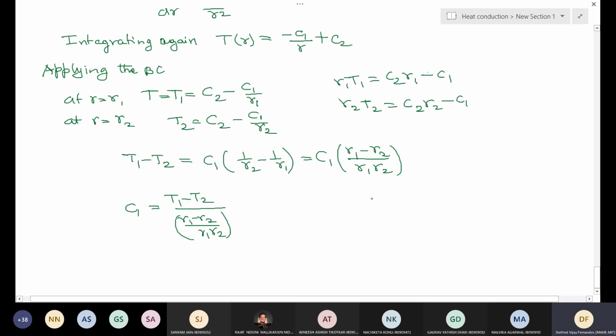So here we can easily obtain C2 equal to T1 R1 minus T2 R2 divided by R1 minus R2.